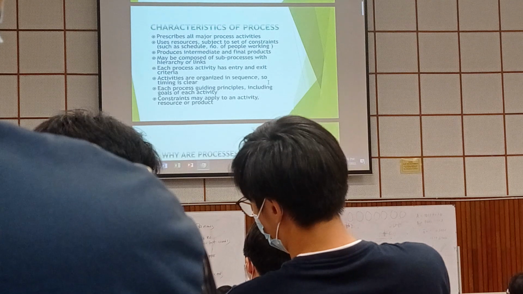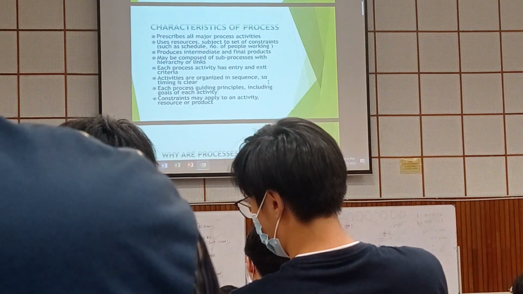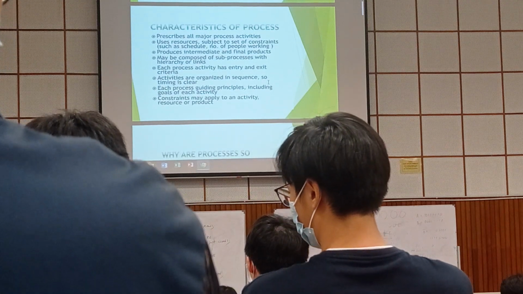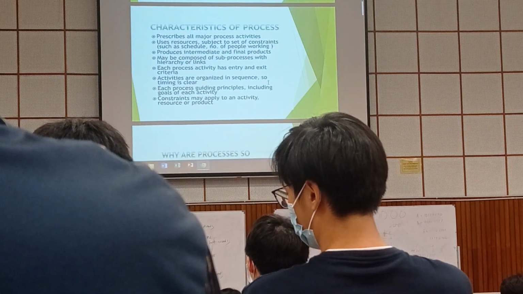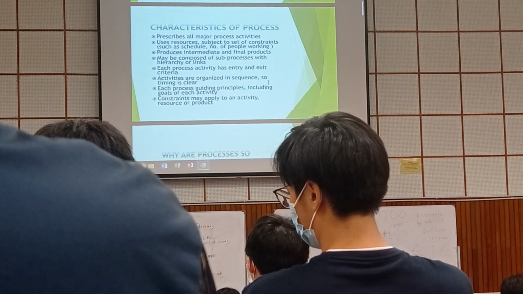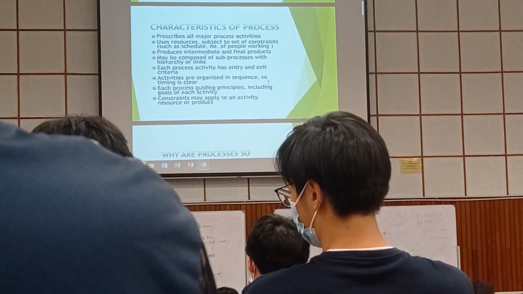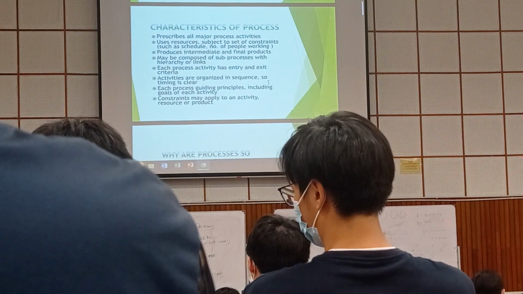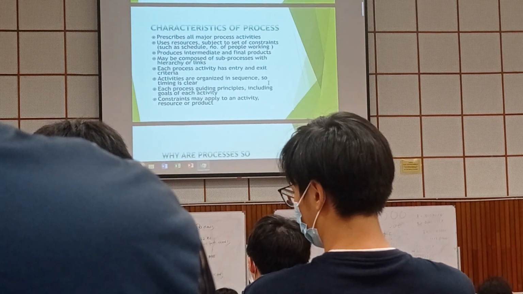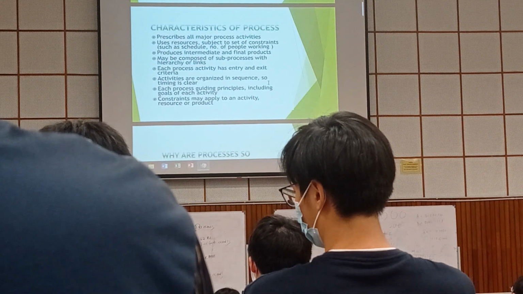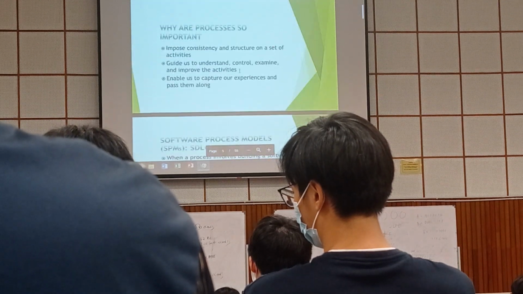You might have sub processes in a hierarchy, and each process you should do based on a principle. Because you cannot simply perform any process as you like. There must be a guideline which everybody has to follow, including the goals of each activity. So these are the characteristics.